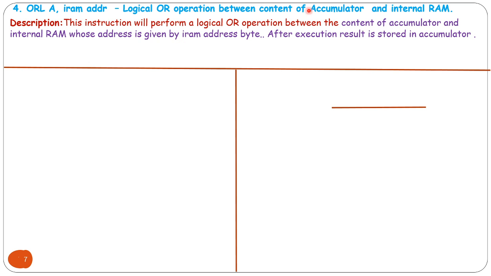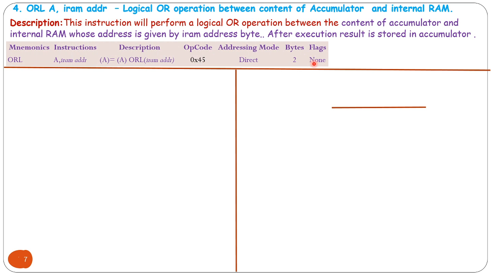After execution, the result is stored in the accumulator. The mnemonic is ORL A comma internal RAM address byte; the content of the random access memory and the content of the accumulator are logically ORed and the result is stored in the accumulator. It has operation code 45H, direct addressing, 2-byte instruction, and flags are not affected.